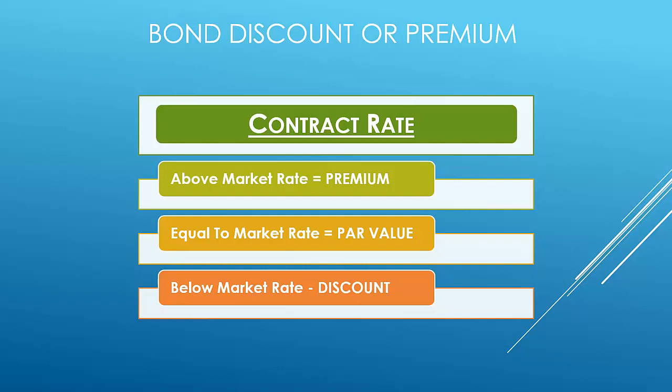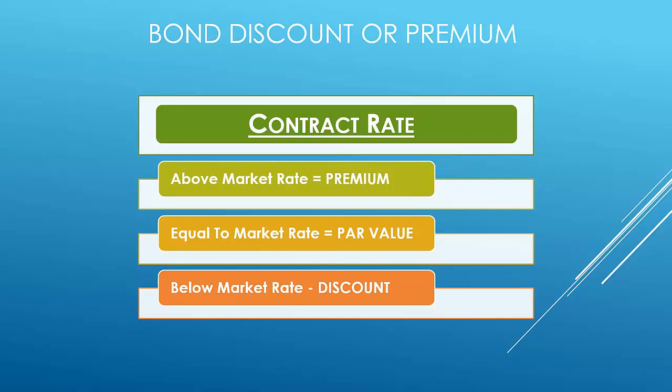So who would want to buy my bond that's going to pay 5% when the market is paying 6%? So what have I got to do? Well, now I have to put my bond on sale because my stated amount is below the market rate. So I have to issue it at a discount. If my stated rate is 5% and the market's paying about 5%, then it's going to be issued at par.